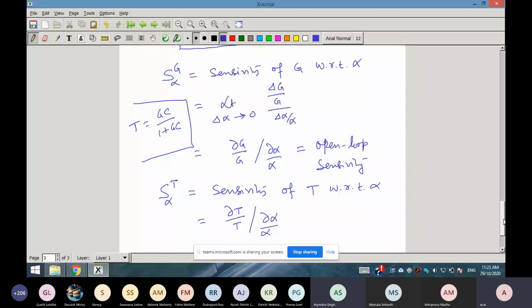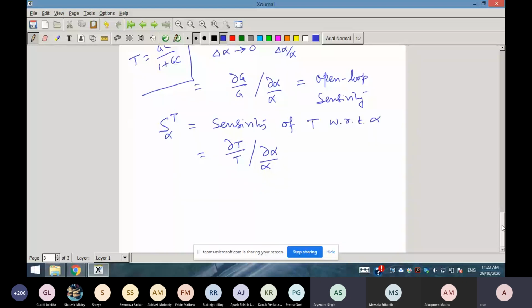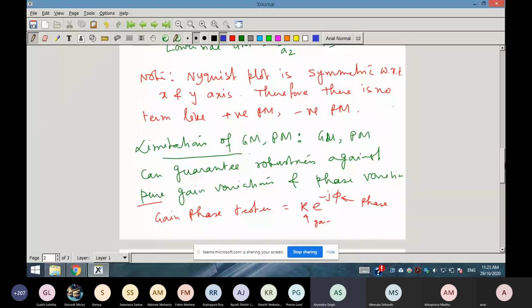Sir, while we're at it, if you can quickly go back to the comment that you made in example 3 about the Nyquist plot, about the symmetricity. You said that when the plot is symmetric with respect to the x and y axis, there is no term like positive or negative phase margin. I don't get it.